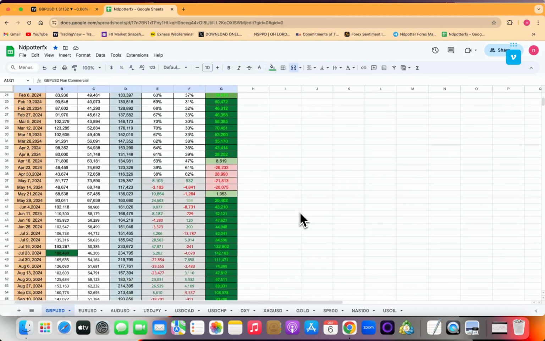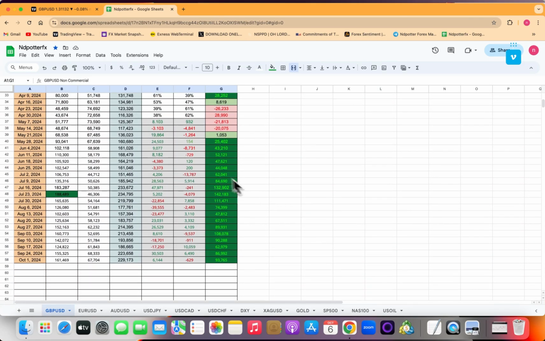And let's look at what has been going on in the data for about 2 to 3 months now. If you look around here, you see that on July 23rd, the institutions got to their max out number on long, 188,000, and ever since they got to that max out number, you can see that they have been slowly taking profit on their long position and slowly adding on their short position.